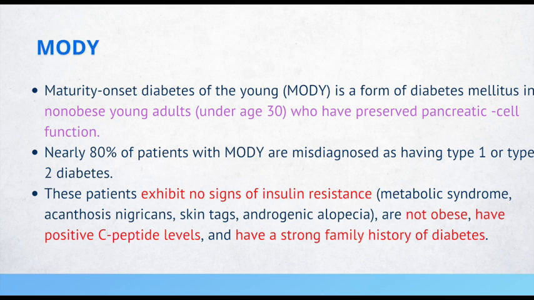They are not obese, have positive C-peptide levels, and have a strong family history of diabetes. MODY does not respond to metformin, but because beta cell function is preserved, the hyperglycemia does respond to sulfonylureas. A balanced diet of appropriate portions and low carbohydrates is also necessary in patients with MODY. Insulin is required only during pregnancy for these patients.